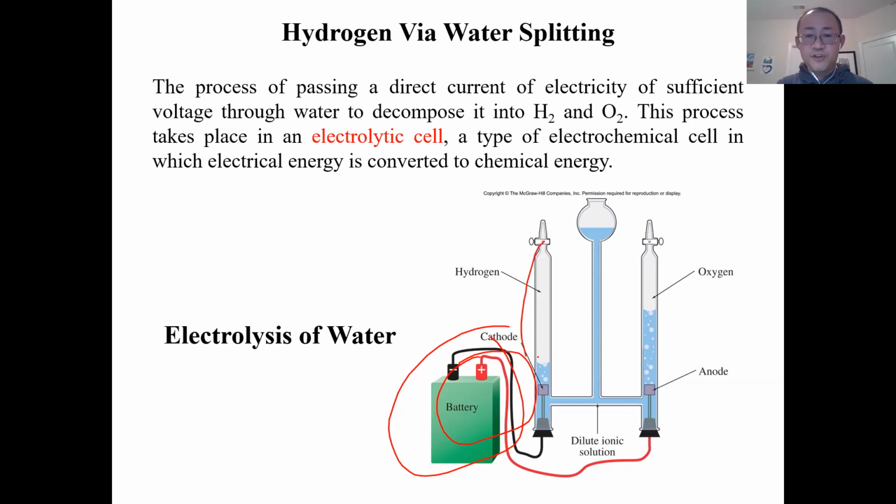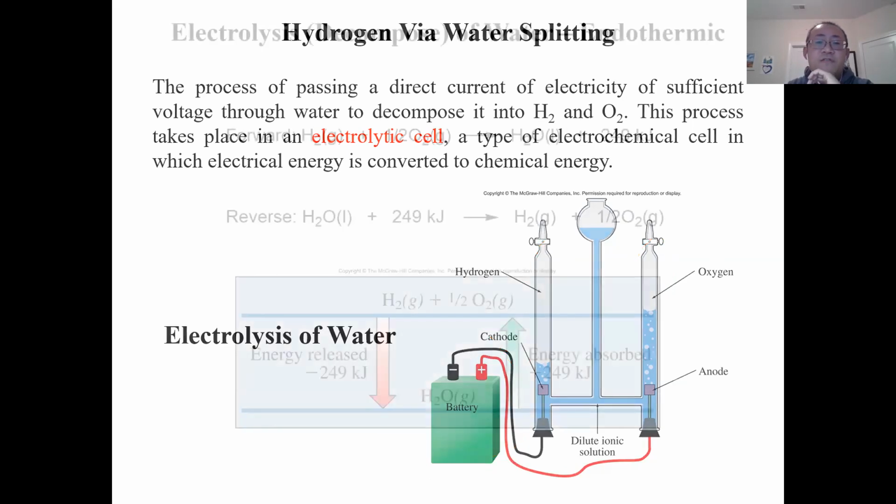In one of the tubes, you will get hydrogen. In another tube, you get oxygen. The ratio of these two gases will be 2-to-1, because if you balance the reaction of splitting water into hydrogen and oxygen, the ratio of hydrogen to oxygen is 2-to-1. That is why you get double the volume of hydrogen versus oxygen.